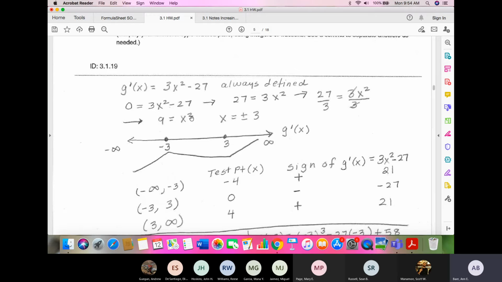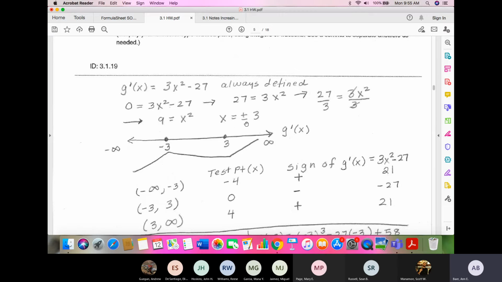Now, with this 2 here, that likely means we have 2 different solutions. So you want to take the square root of both sides, but you will need to put the plus or minus with one side or the other. So the square root of 9 is 3. The square root of x squared is x, but we need to put the plus or minus with one of the sides.